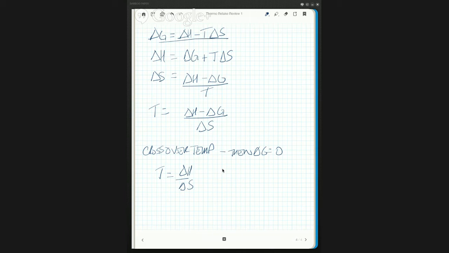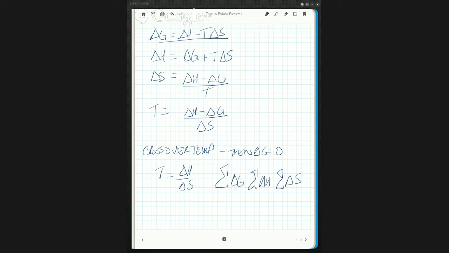Maybe you have to do the sum of way of getting it, because you can do that for delta G, you can do the sum of to get delta H, and you can do the sum of, my handwriting is awful, delta S. So there's lots of different ways that you can get those. And actually, I'm going to have a sample problem here in a little while, and I'll show you. I want to get through some of the basic questions first, but that is definitely one way to approach it.